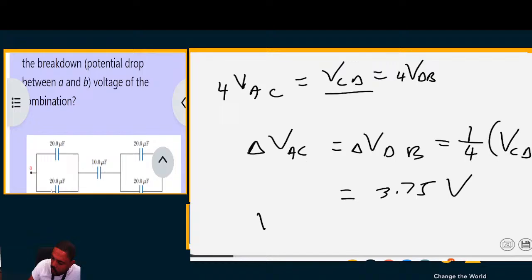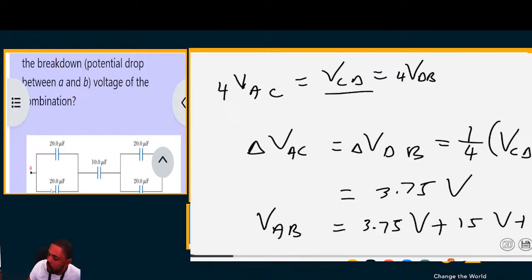So the voltage between points A and B is going to be equal to the voltage between the first one, 3.75 plus 15 plus 3.75. Remember, because those two are the same, it's going to be 3.75 volts plus the 15 in the middle plus 3.75.